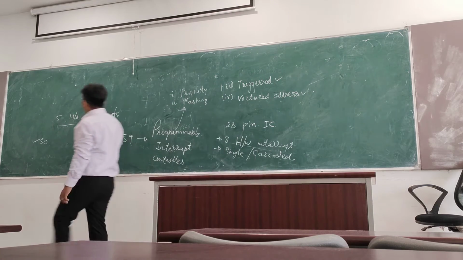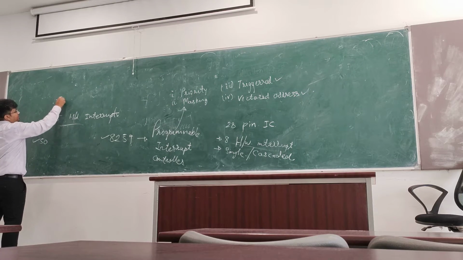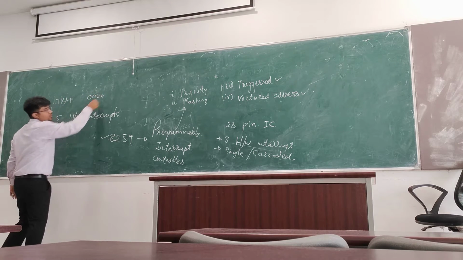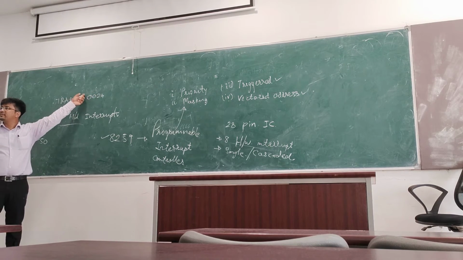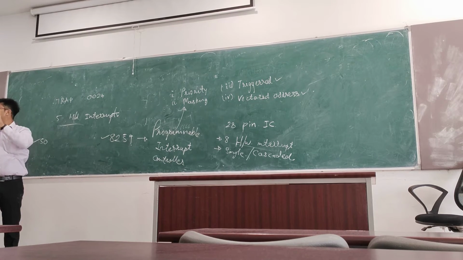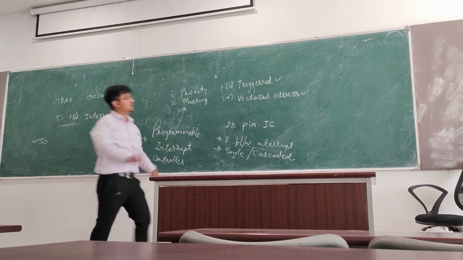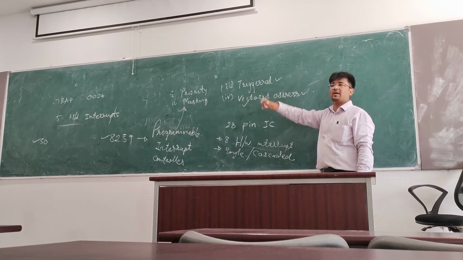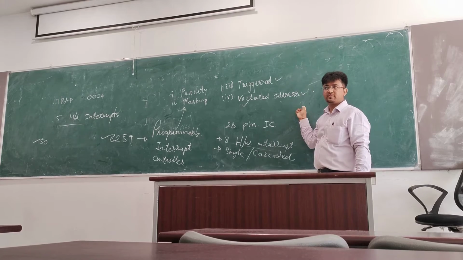What was the address of the ISR for hardware interrupt TRAP? 0024? Can this be set? If I say I want TRAP at 002C, it is not possible to set. But here, you can set the vector address of the interrupt you want.